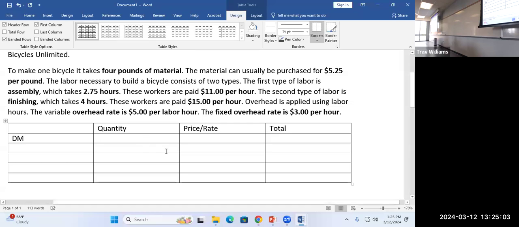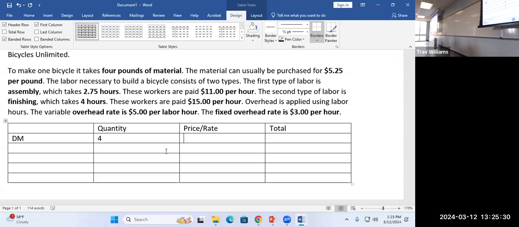Okay. So direct material, how many units of material? 4. Okay. And this is one of those things that we need to be aware of. Units of product is different from units of material, right? So you don't want to get that mixed up. We're talking about making 1 unit of product, but we need 4 units of material, and this material is measured in pounds.